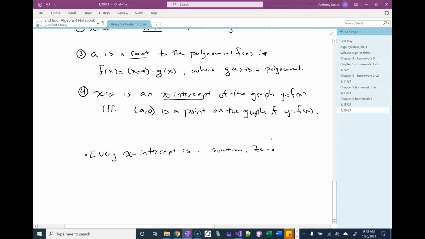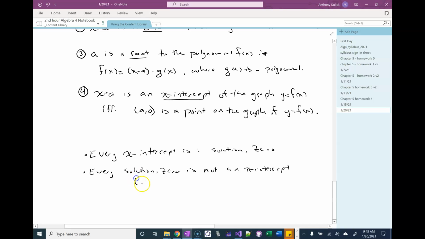Every x-intercept we know is going to be a solution, and we know it's going to be a 0. However, the reverse is not true: not every solution or 0 is going to be an x-intercept.